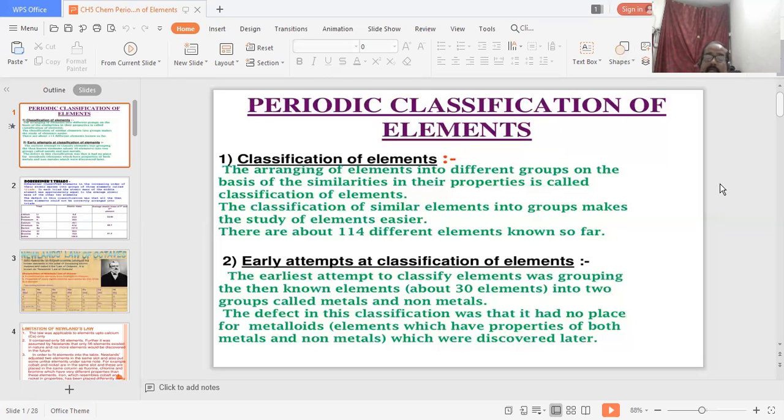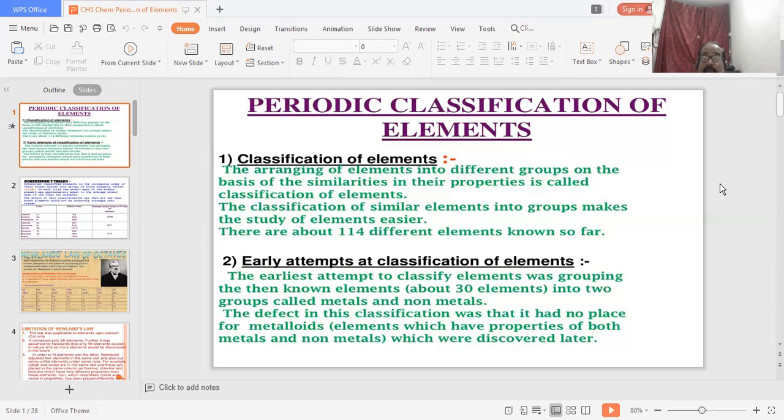Metal means if any element donates electrons, that means it loses electrons and represents positive. And non-metal means if any element receives or gains electrons and represents negative. So with these properties we classify metal and non-metal.